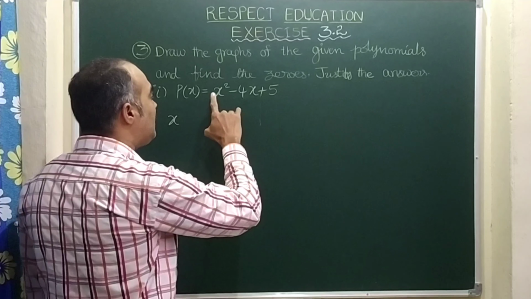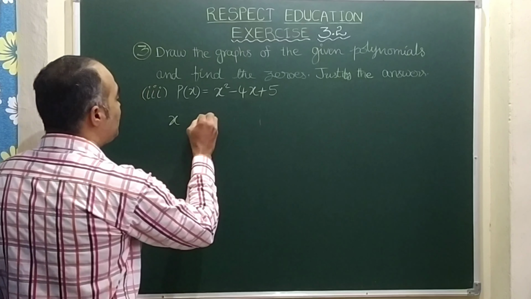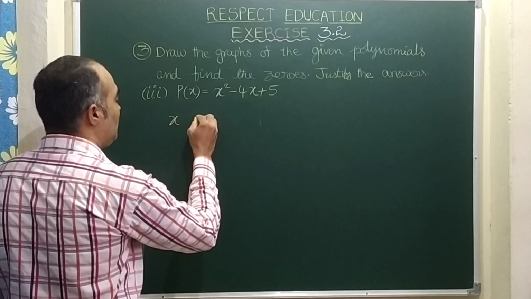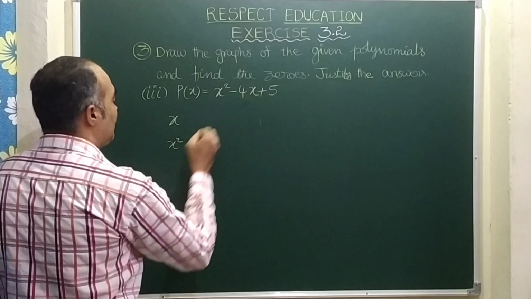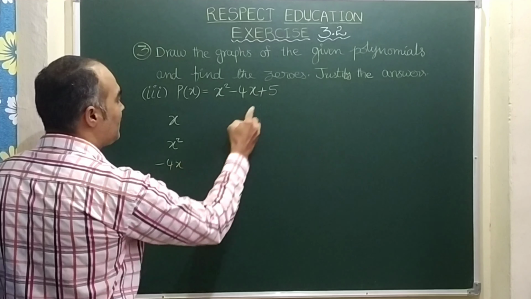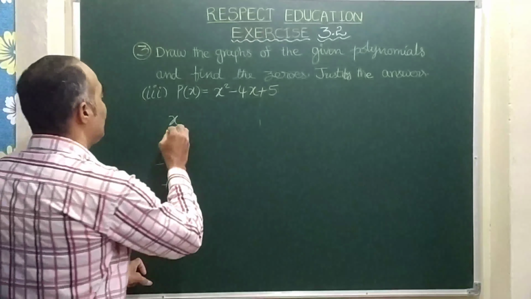That's why better you don't go for negative values, because nowhere will you get the polynomial value 0. So here let us start from 0 only. So here first x values, and then let us take x square, next minus 4x, and then this plus 5, right?